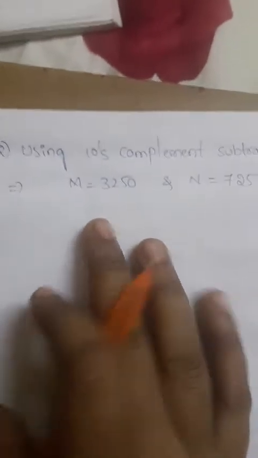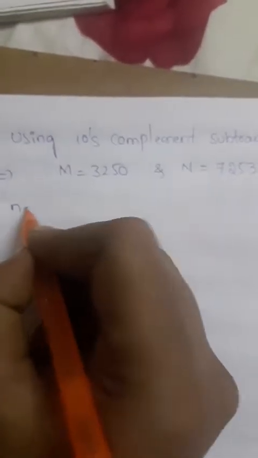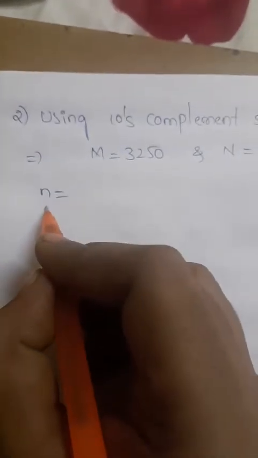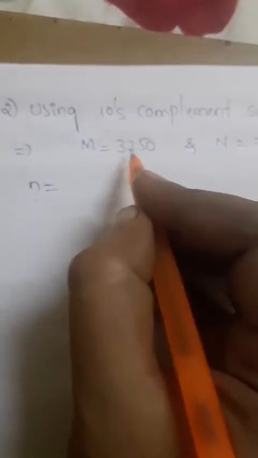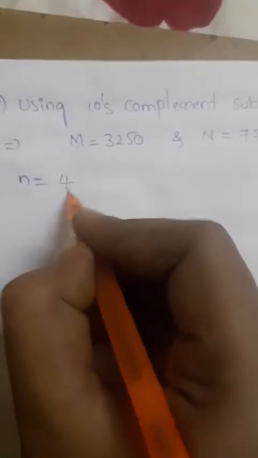Here, observe that m is equal to 3250 and n is equal to 72532. First check the number of digits. For m, it has 4 digits, and for n it has 5 digits.